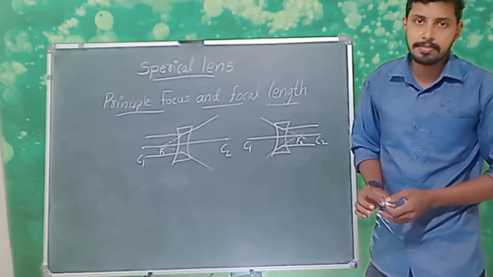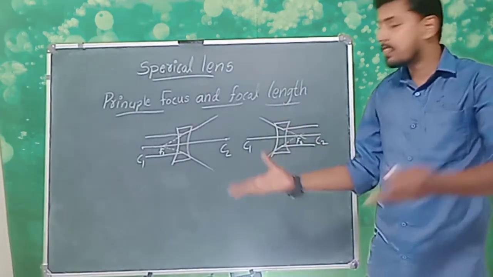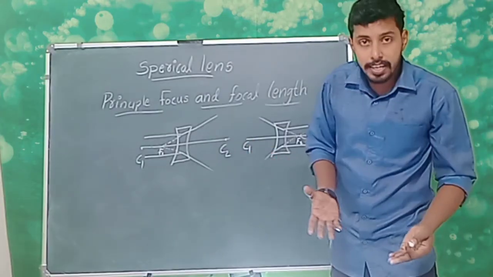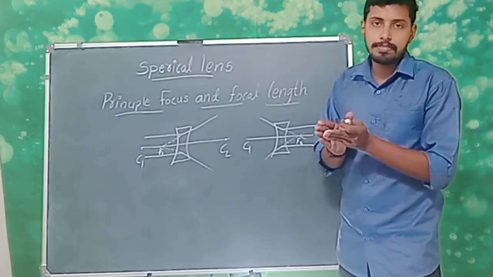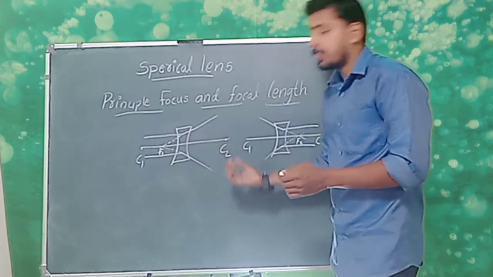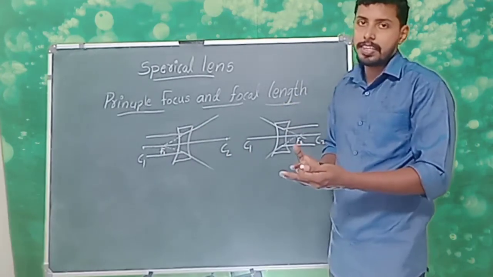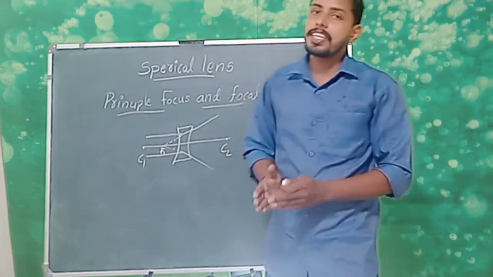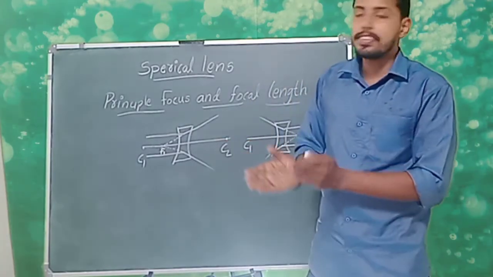What about the convex lens? In the case of convex lens, the light will converge. So convex lens we can call as converging lens, and concave lens we can call as diverging lens. I hope you got that idea.